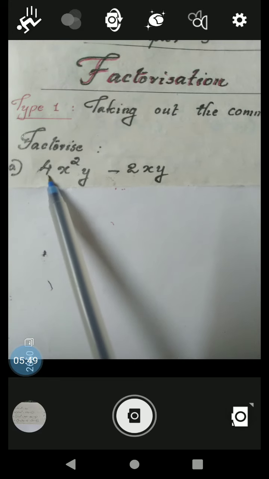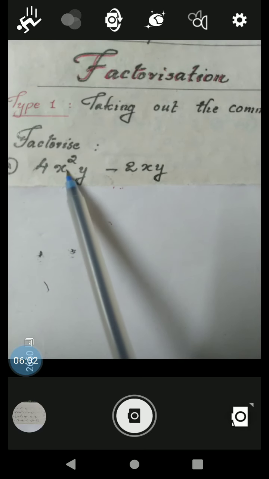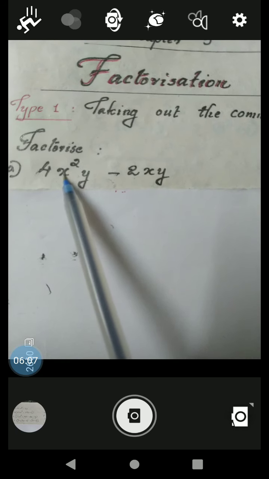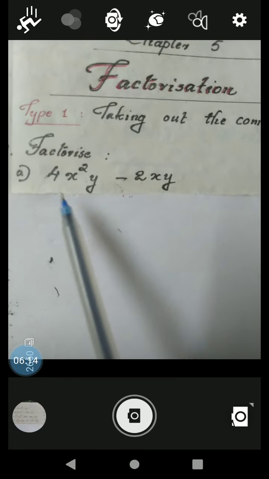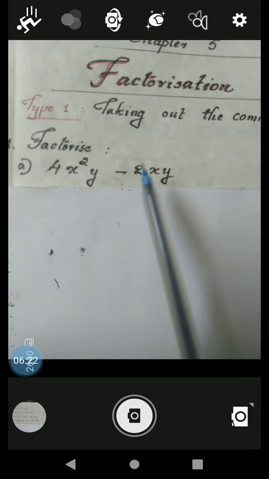We know in 4 and 2, 4 can be written as 2 into 2. Therefore, 2 is a common factor. It is very clear. And you can see y is a common factor. And here you can see x square, that is x into x. So x is also common. So, in total, we can say that 2xy is a common factor in these two expressions. So we can take 2xy outside from this.